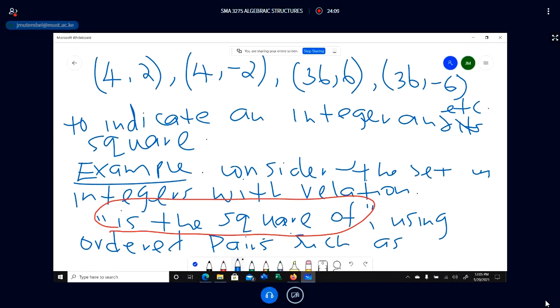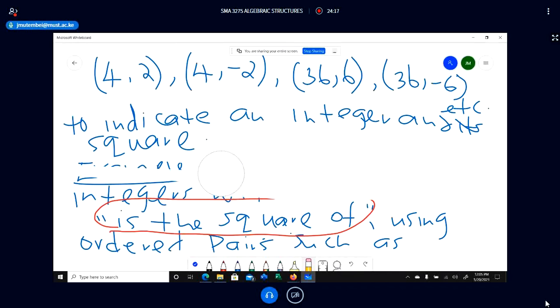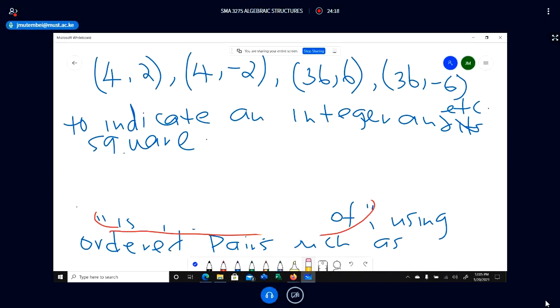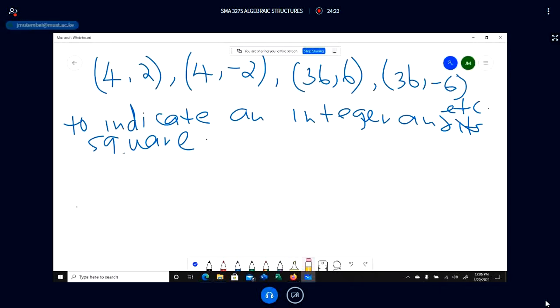So we can now indicate this kind of relation in general as follows, whereby the first one is the square of the second.